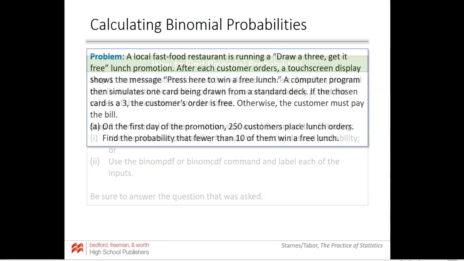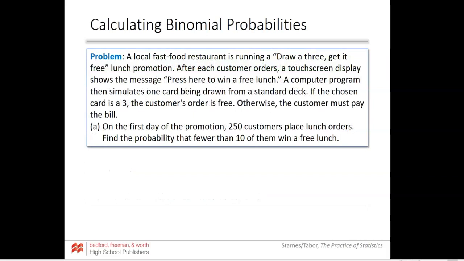Be sure to answer the questions asked. Okay. So a local fast food restaurant is running a draw a 3, get a free lunch promotion. After each customer orders, a touchscreen display shows the message, press here to win a free lunch. I love this. This is great. A computer program then simulates one card being drawn from a standard deck.